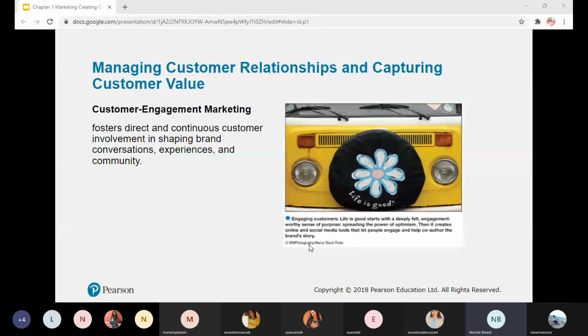So, in addition to being good at customer relationship management, which is not enough of course, marketers must also be good at partner relationship management, working closely with others inside and outside the company to jointly engage and bring more value to customers.